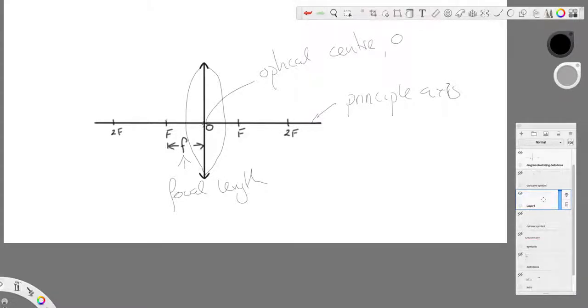We have points F, which is one focal length away from the optical center, and F is defined as the point where if a ray comes in parallel to the principal axis, it comes out through the focus. If the ray comes in through the focus, it comes out parallel to the principal axis.